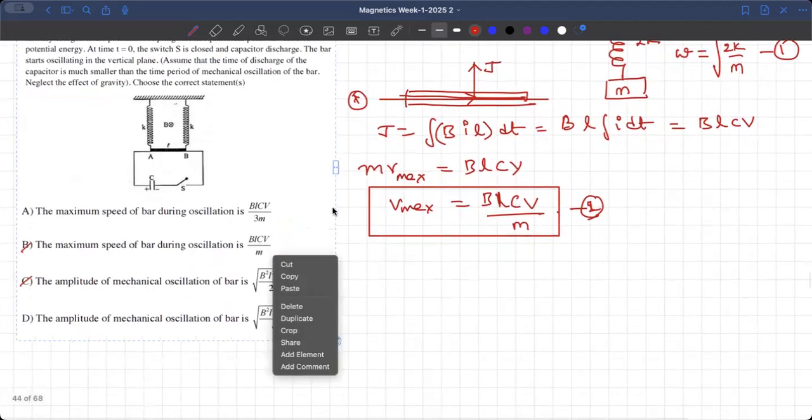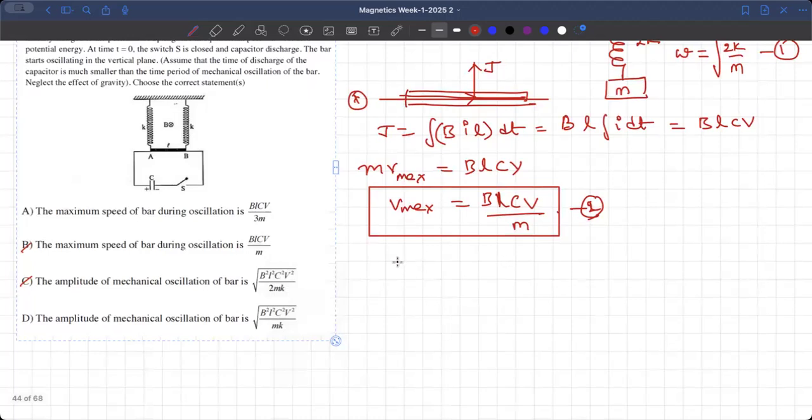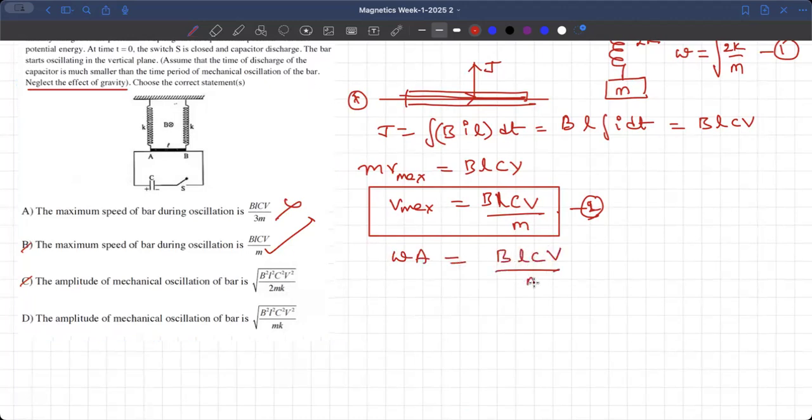Now the amplitude of oscillation. We know V max is nothing but omega A. V max is BLCV by M, so the amplitude of oscillation is BLCV by M divided by omega, which you can write as root of M by 2K.